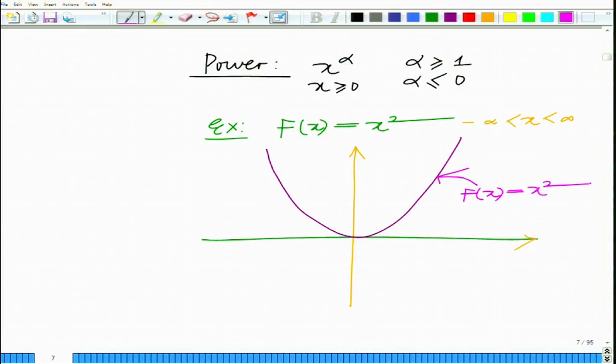You can clearly see that if you join any 2 points by a chord, it lies above the function. In fact, it looks like a perfect bowl. This is your f of x equal to x square.